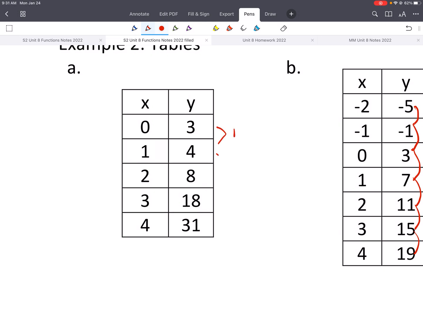So that would be 1, and then 4, and then 10, and then 13. Okay, so definitely not linear. Second difference, that would give us what? 3, and 6, and 3. So it's definitely not quadratic. It might be a different type of function, but those aren't what we're going to talk about. So we'd say other.